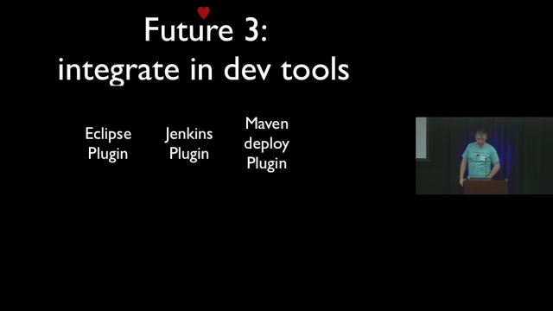And maybe we have to integrate it in the dev tools themselves, like go up in Eclipse and say start, stop, it's just a button you click and it brings up Vagrant behind it, or Jenkins for building it in the CI, or Maven deploy against a VirtualBox machine.